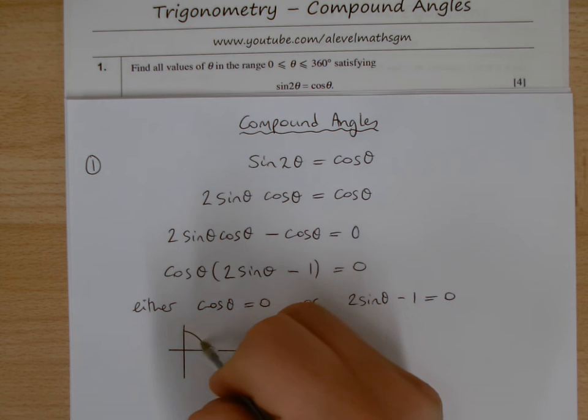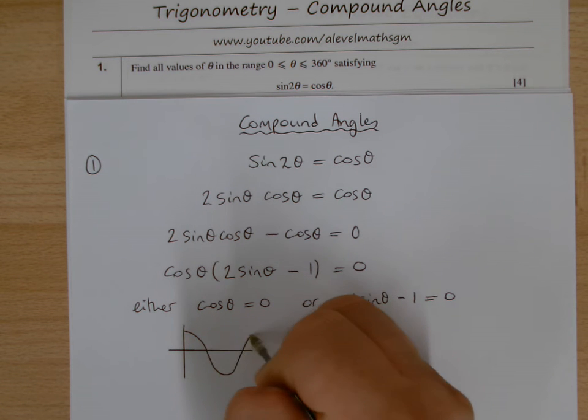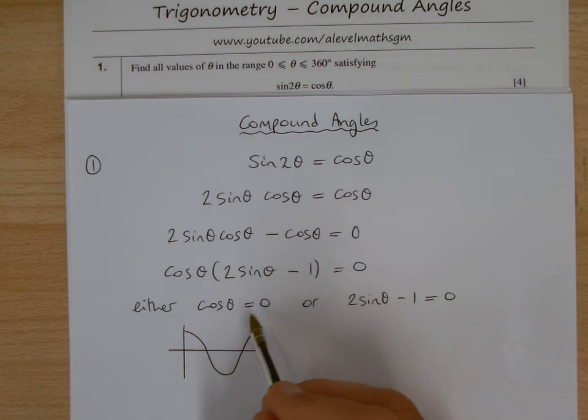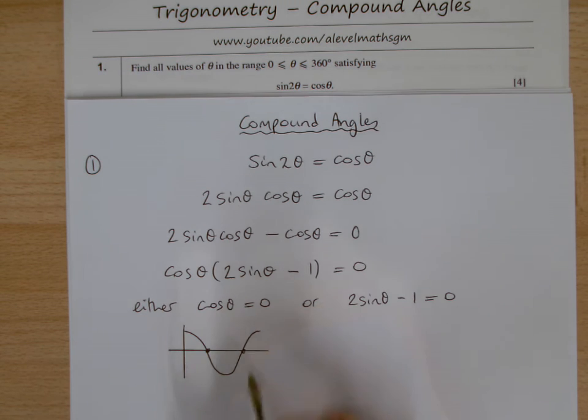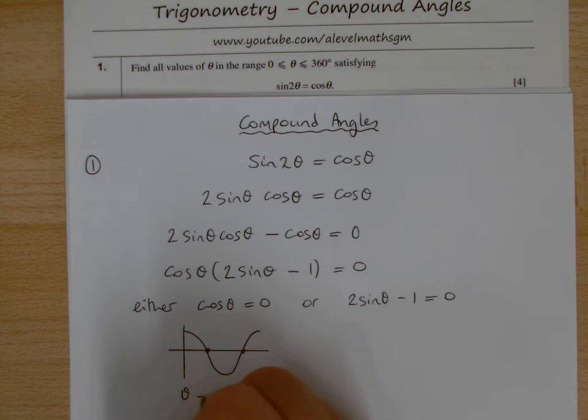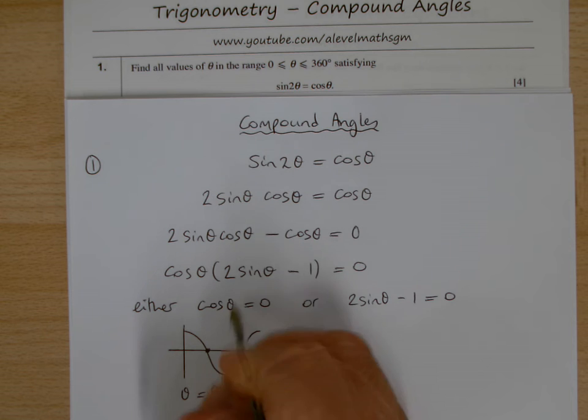So it goes something like that, roughly. In the case where it's equal to 0, you can spot straight away it's here and here. If that's 0 degrees here, that's going to be 90, that's going to be 180, so that's going to be 270. So the two answers we want are 90 and 270. So we've got two answers there.